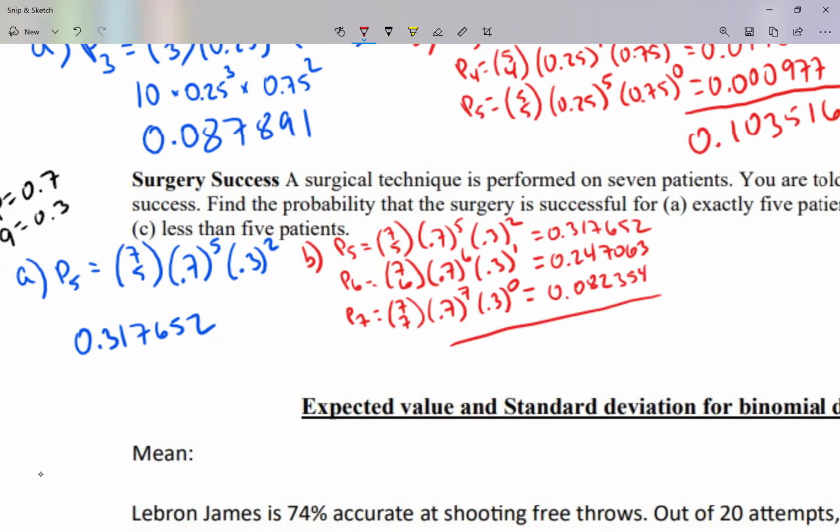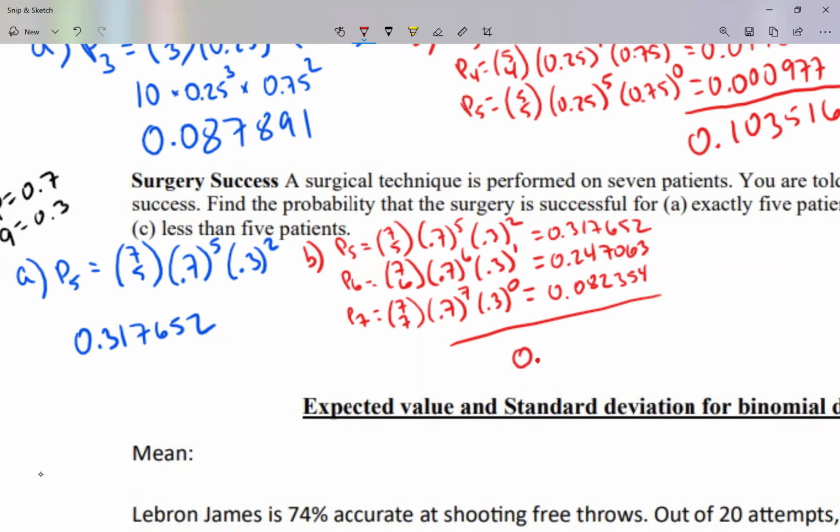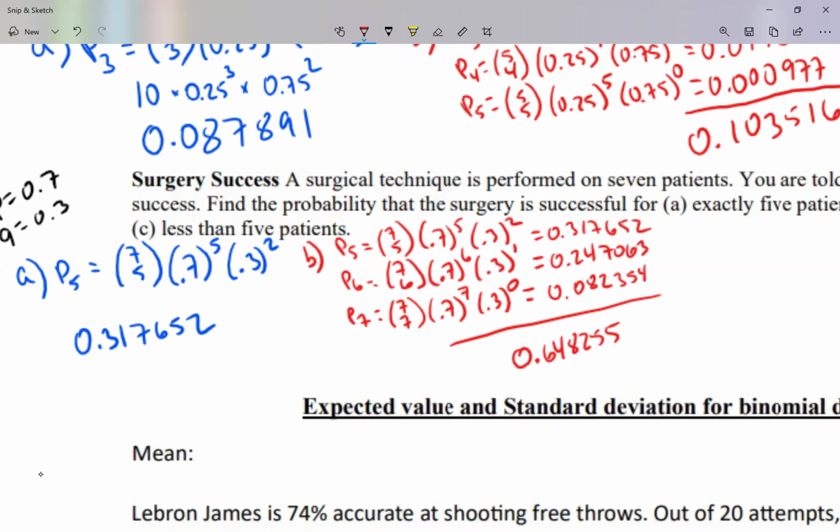When I add them all up, I get 0.648255. Okay, not bad.